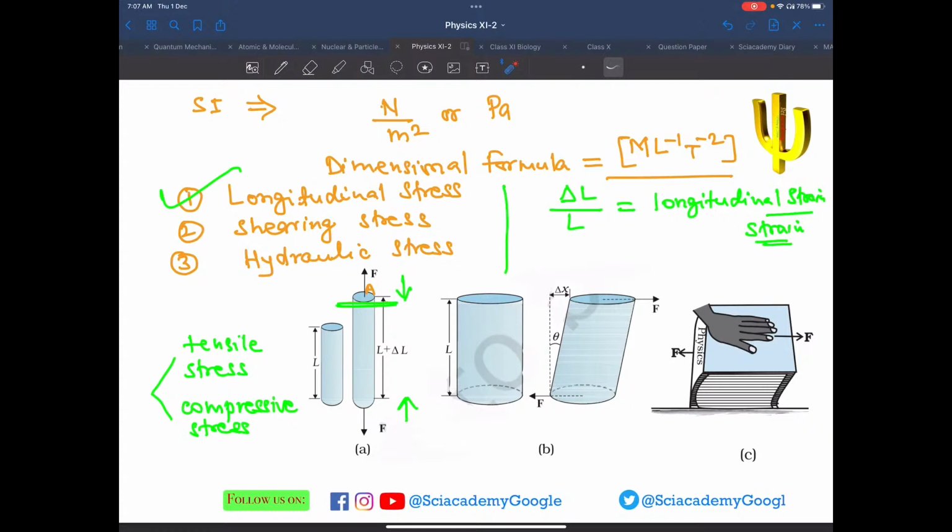Because of that, there is deformation in this cylinder, right? But that is in a different form. There is relative displacement between the opposite faces of the cylinder.